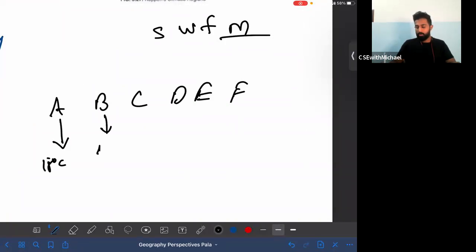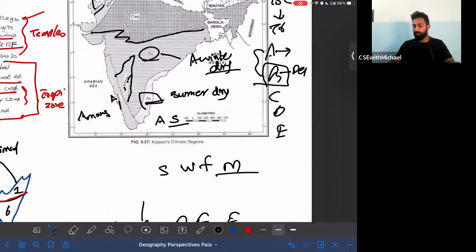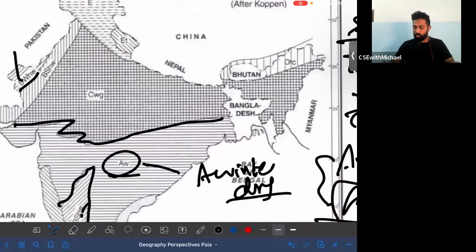B is water stress based. C, the temperature in winter season is less than 18 degrees Celsius. So that was basically the classification Köppen has made, climatology. Okay, I think you guys are remembering it. Fine. Now I will explain the other regions also.